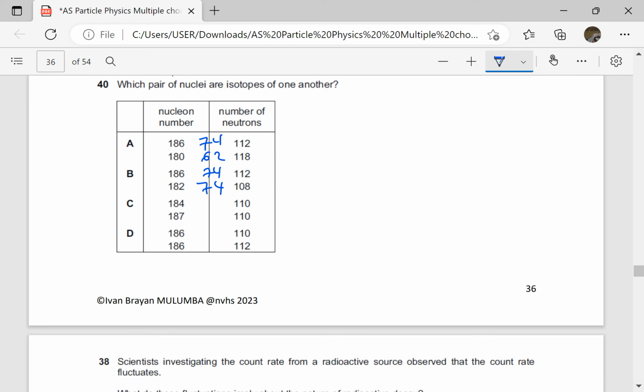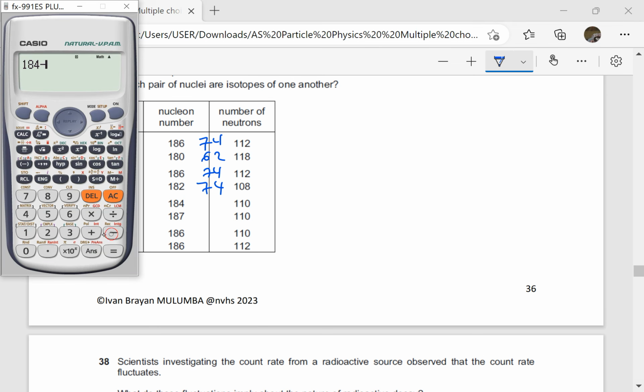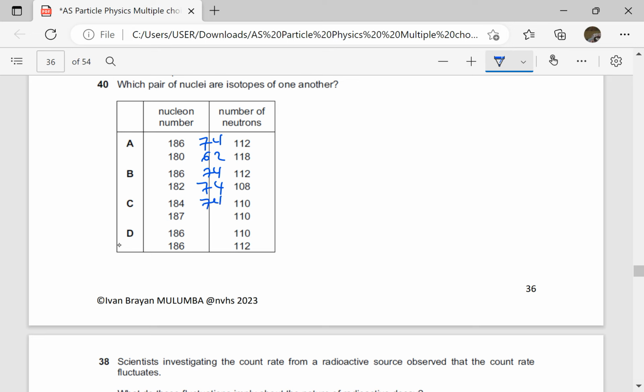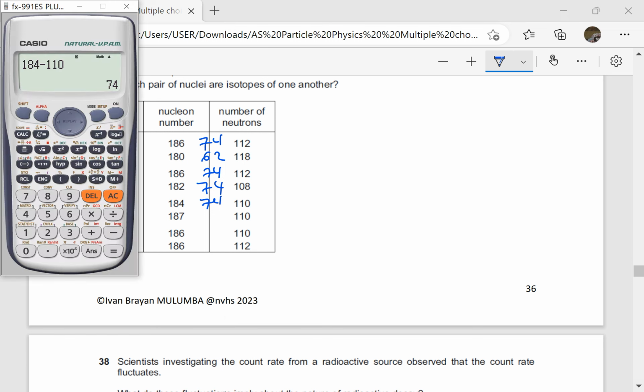We have 184 minus 110, which is 74. We have 187 minus 110, which is 77. We have 186 minus 110, which is 76.